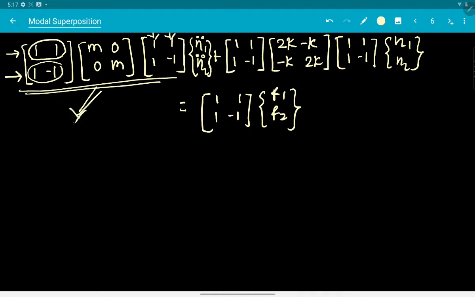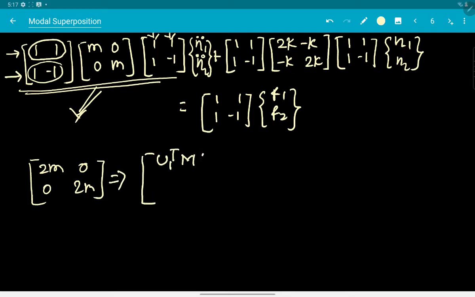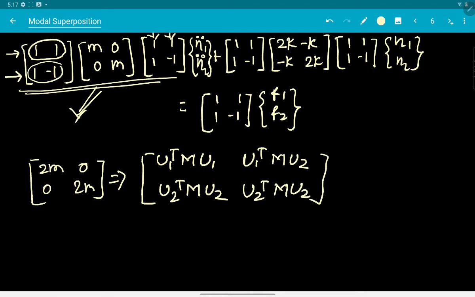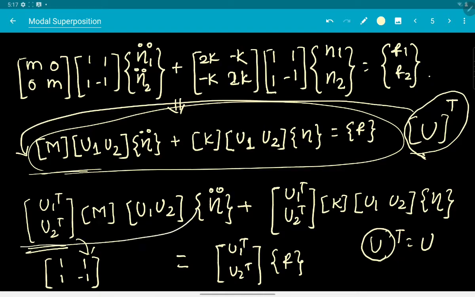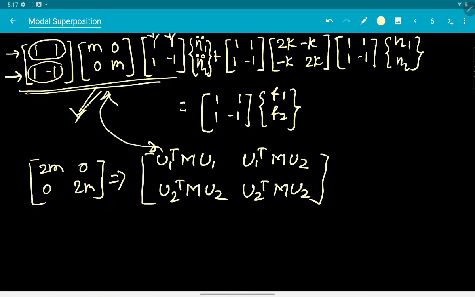Now let's have a look at this. This comes out to be equal to 2m 0 0 2m, which is nothing but U1 transpose M U1, U1 transpose M U2, U2 transpose M U1, and U2 transpose M U2. You can expand it and you will end up with these values.